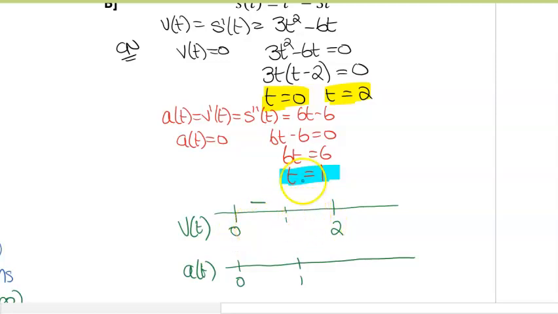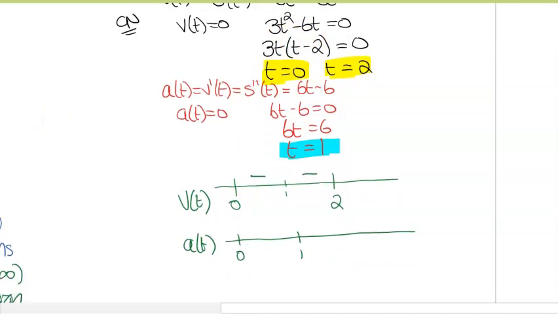If I put in 1.5, I'm still going to get 1.5 minus 2, so it's still going to be negative. So basically all across here it's negative. I just have to be aware of 1 because something's happening there because of acceleration. So left, left. Let's look at the other side of 2. If I put in 3, let's say, I should get a positive answer. And that's moving right.